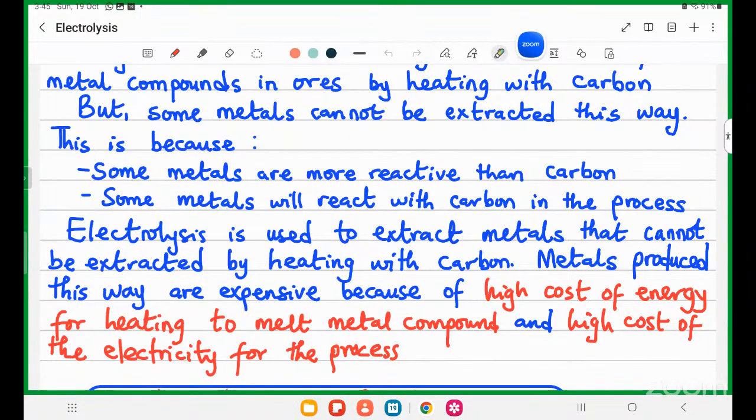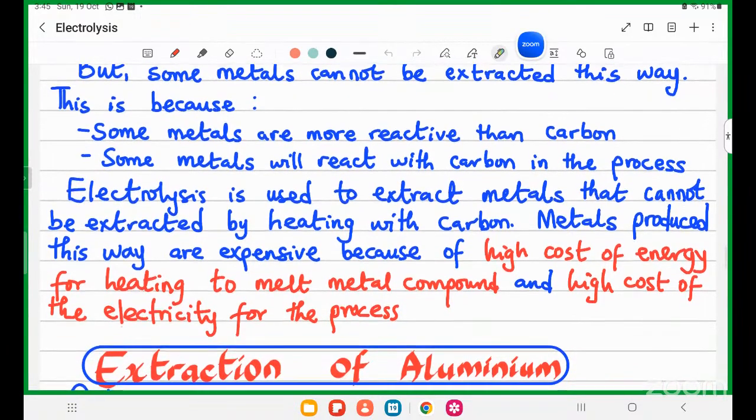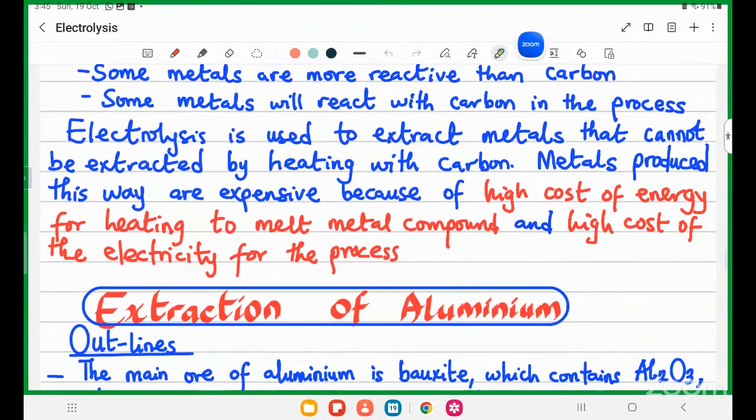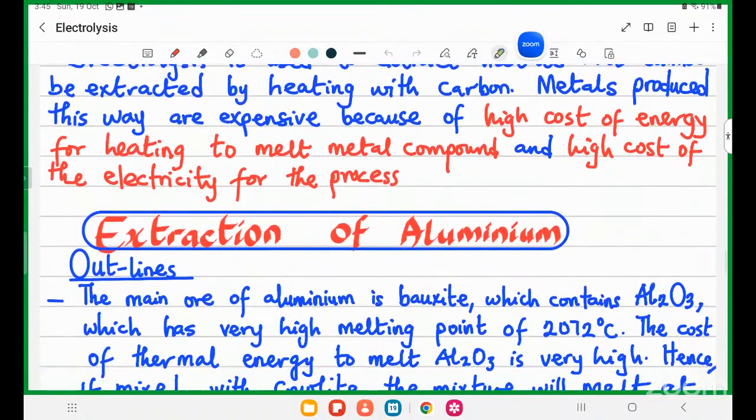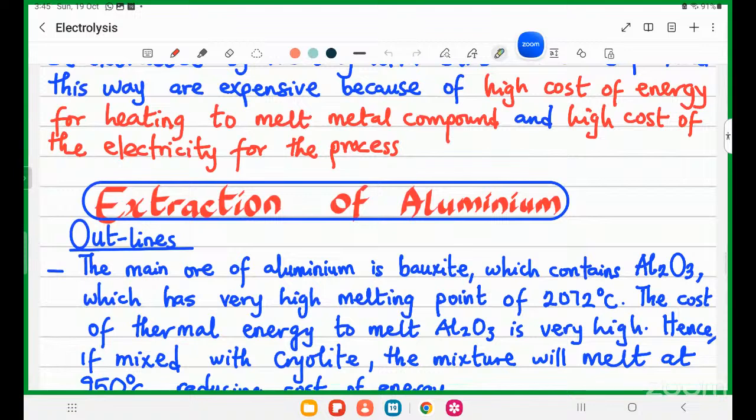Now we're going to see how we extract aluminium by electrolysis. The main ore of aluminium is bauxite, and it contains aluminium oxide, Al2O3. This is the aluminium we want to extract.